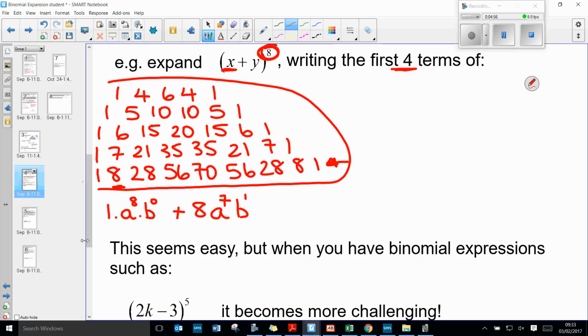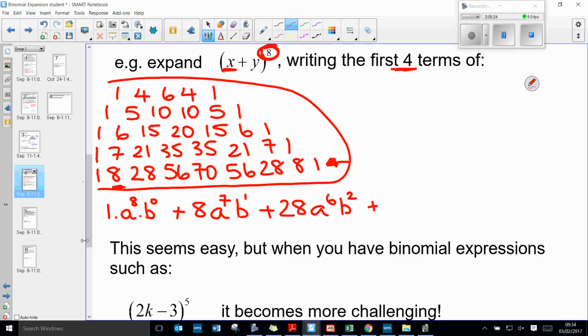Our next coefficient would be 28, so looking at Pascal's triangle, a would be to the power 6, and b would be now to the power 2. Are you not multiplying? I'm just not writing the dots, I apologize, but they are multiplied.